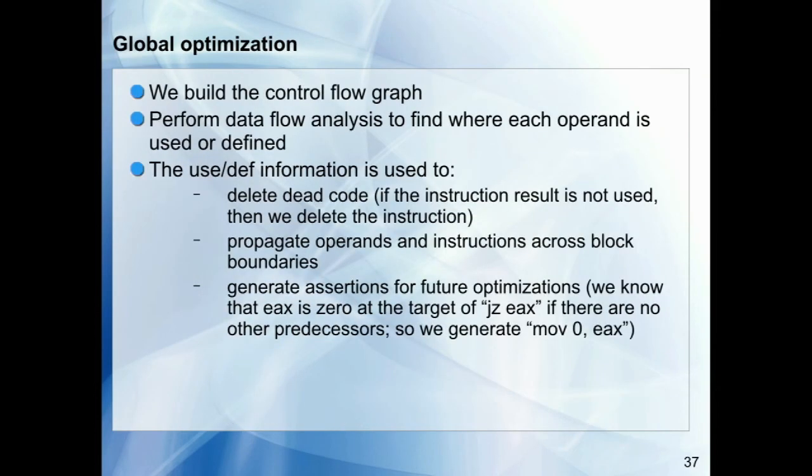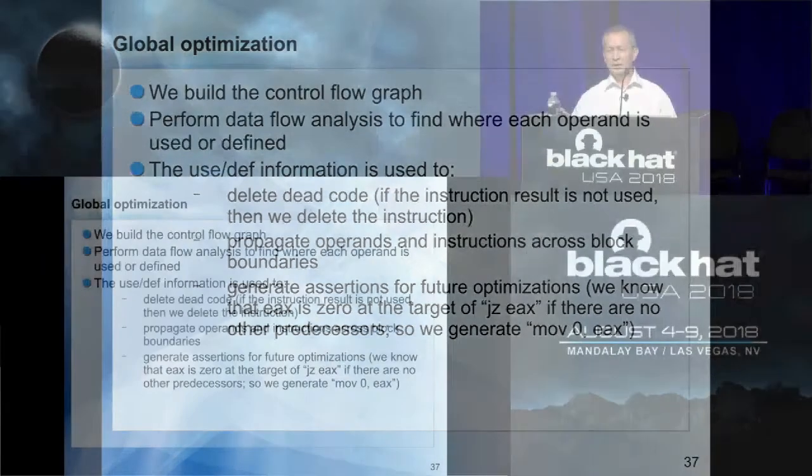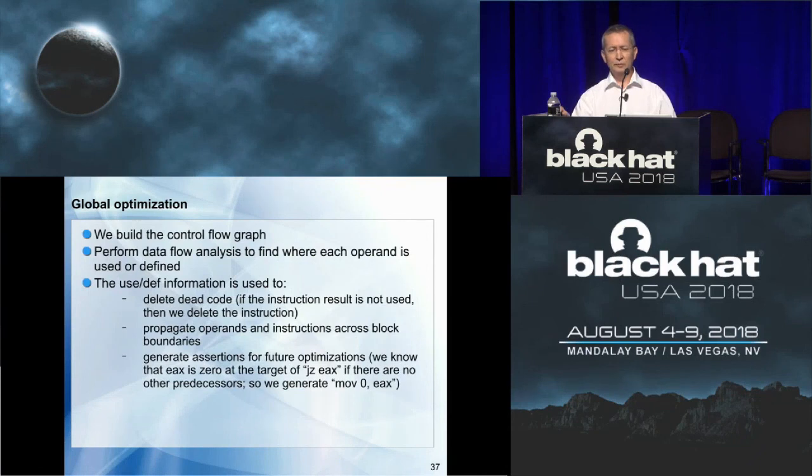First, we do all these optimizations at the basic block level, and then we build the control flow graph and perform the data flow analysis. The result of the data flow analysis is represented as use and define chains. So these chains, the use-def information, can later be used to do many things with the microcode.